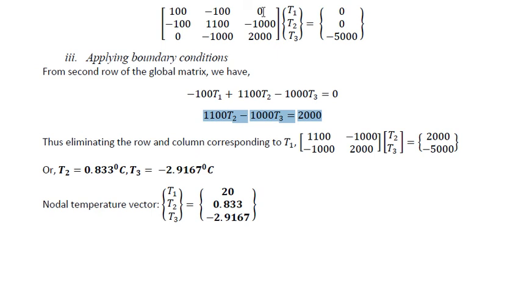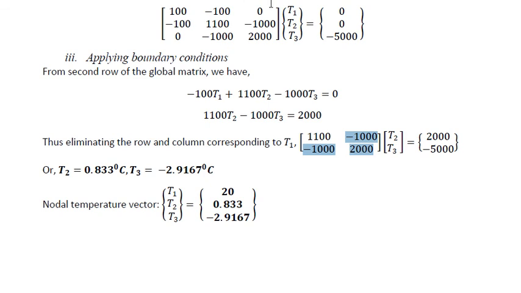Thus, now we can eliminate the first row and first column, because this term we have taken as 0 and filled in 2000 in place of 0. So we remain with these two and these two elements of the matrix: 1100, minus 1000, minus 1000, 2000 into T2, T3.